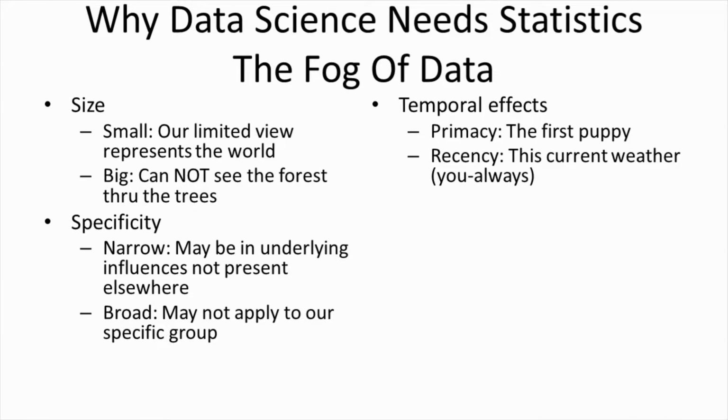Temporal effects also distort our perceptions. An example of this might be seen in, say, shopping for puppies. The first puppy we see is the best one, and we tend to compare all other puppies to that first one. Or by contrast, sometimes recent events distort our perception of the past. We tend to think the current weather is indicative of some sort of trend.